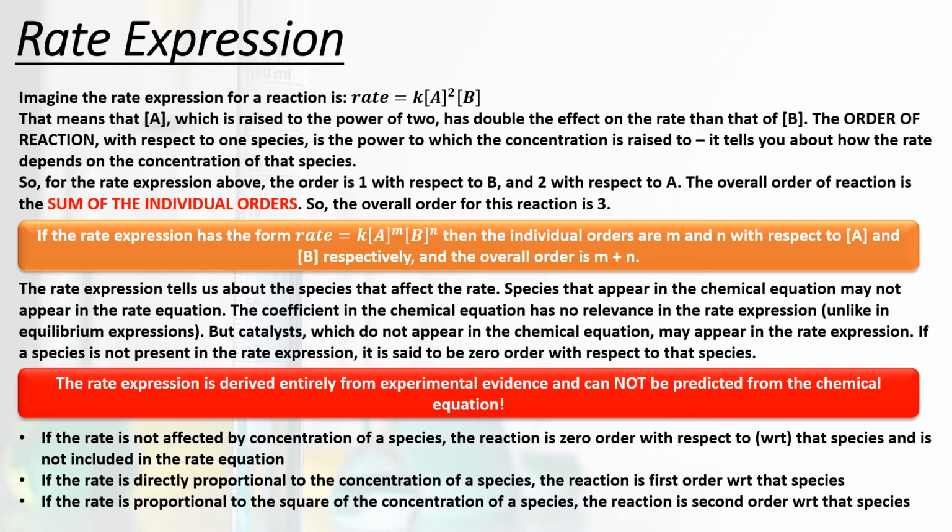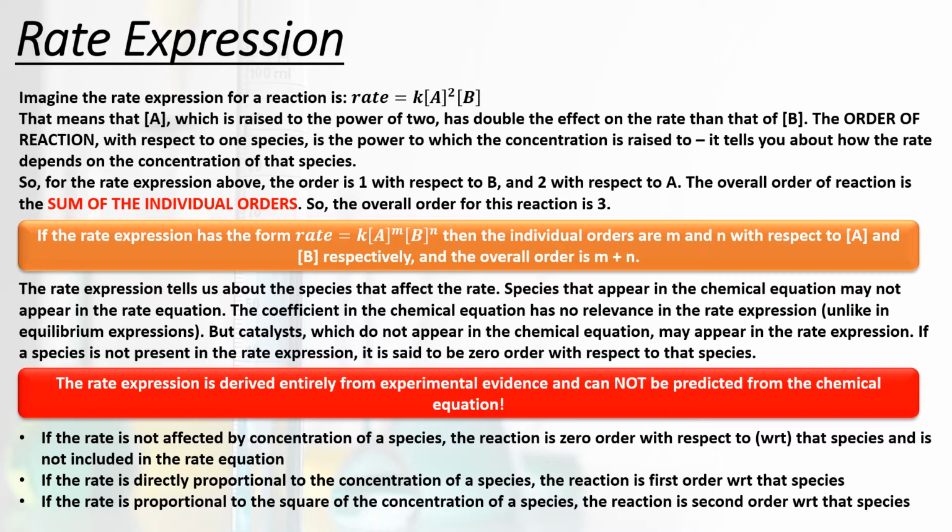Now, the coefficient in the chemical equation, for example, if I have 2A plus 3B going to 4C plus D, that coefficient, the stoichiometric coefficient, essentially almost the mole ratio, has no relevance in the rate expression. So it's very different to an equilibrium expression. If you remember the equilibrium expressions, for example Kc, we do our concentration of products on the top, concentration of reactants on the bottom, and we raise those concentrations to whatever the stoichiometric coefficient is.